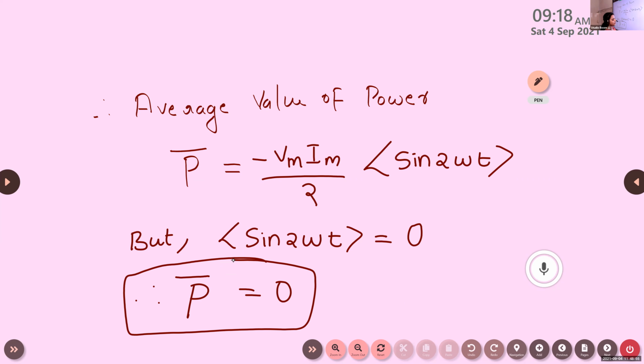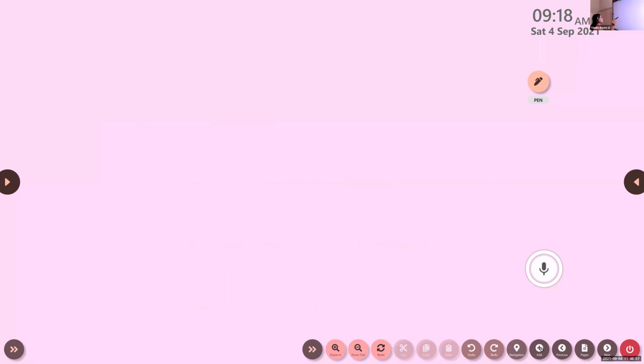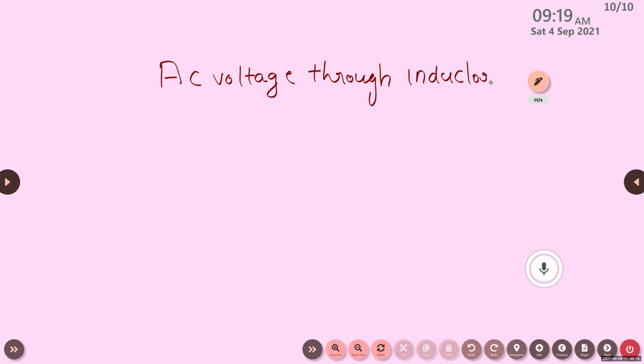So once again, we can collect all the equations. In the case of AC voltage through inductor, what about the value of voltage? Yes. V is equal to Vm sine omega t.